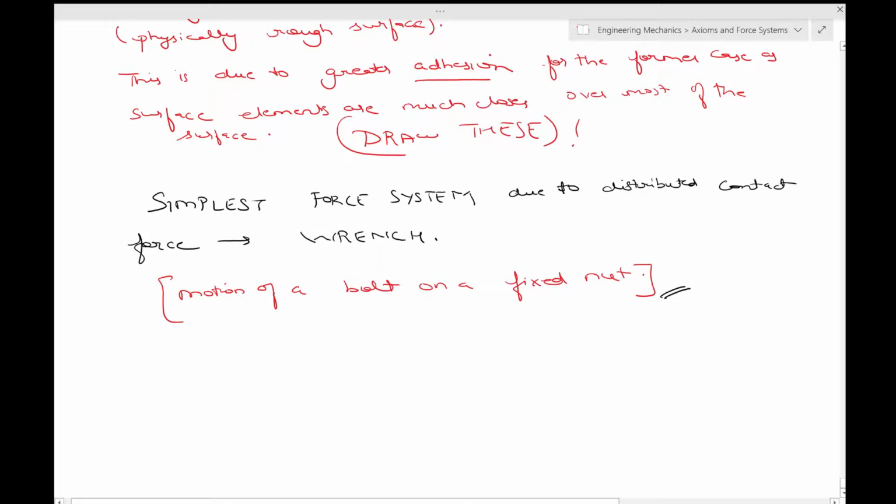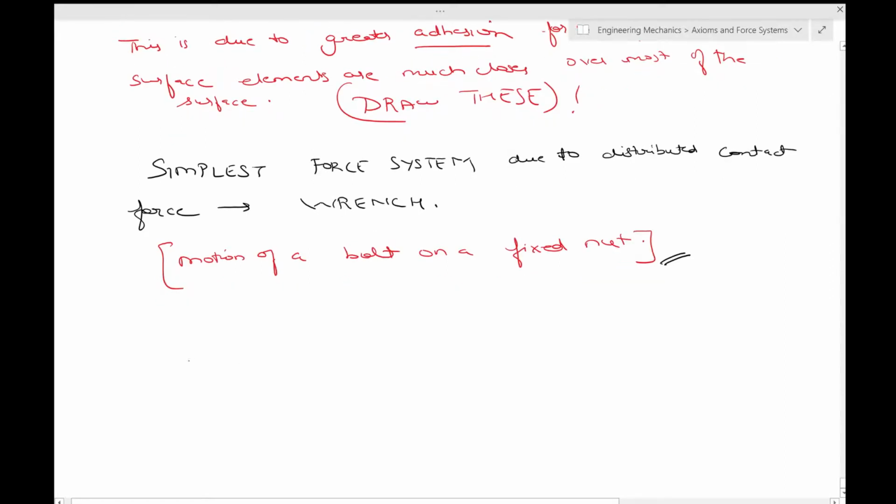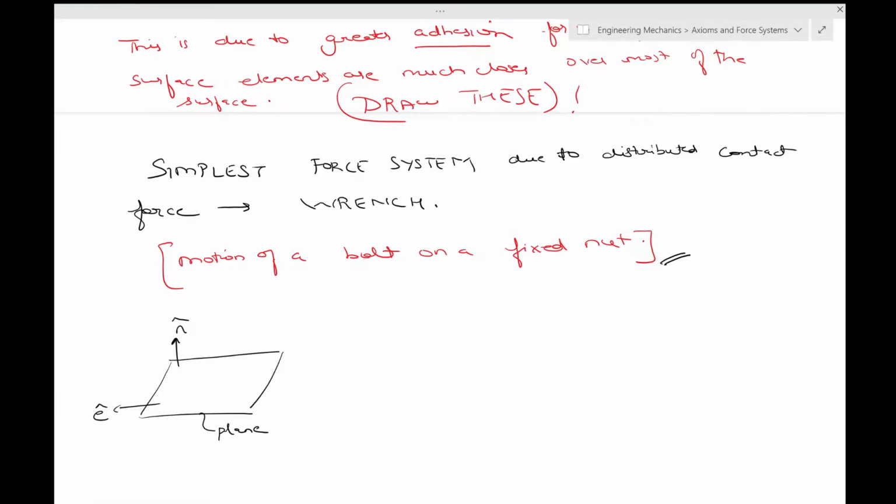So if you have, say, a plane contact, let me just draw this. If you have this plane, so this is direction E, this is direction N. So this is the solid kept, and then there is a force P acting on this.